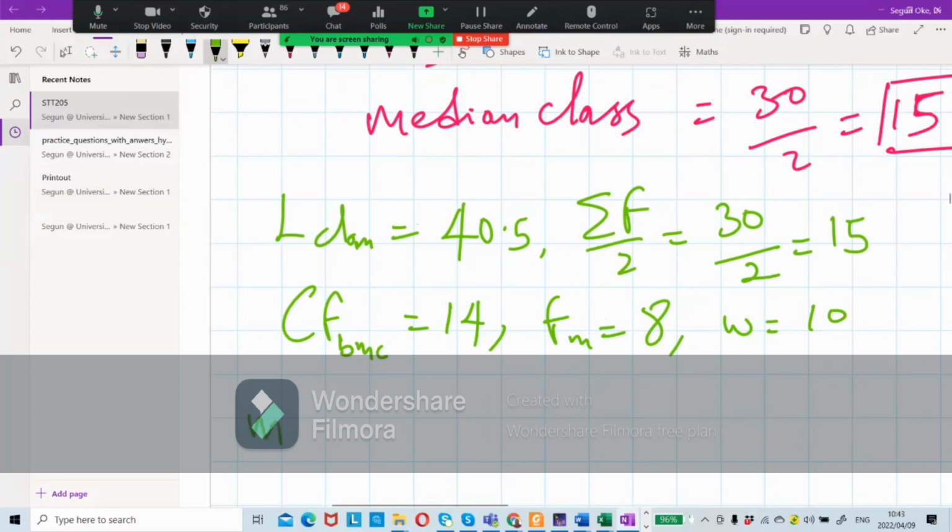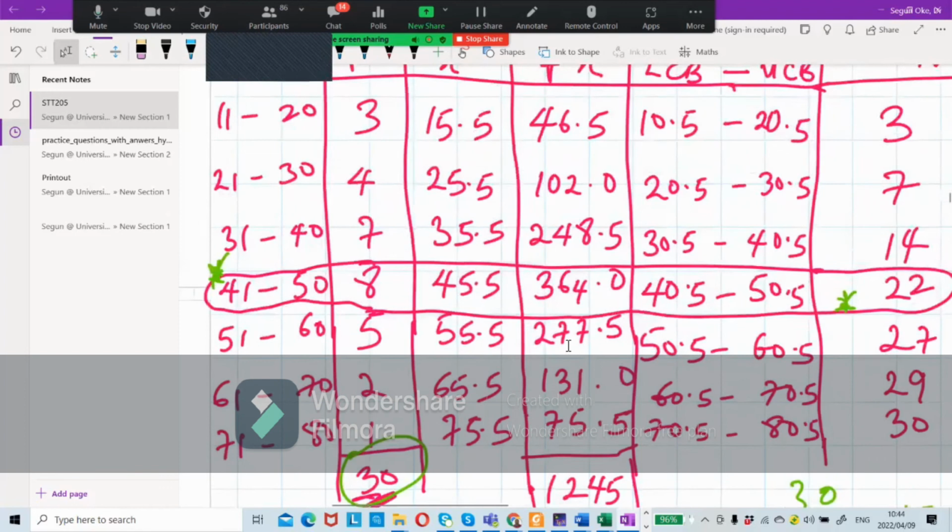So our median class can now be in this form. The other one is 7 before the median class. So what is your median class? 41 to 50. You better try to understand; look at the table.